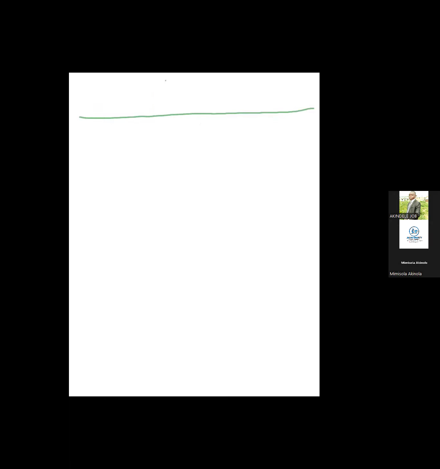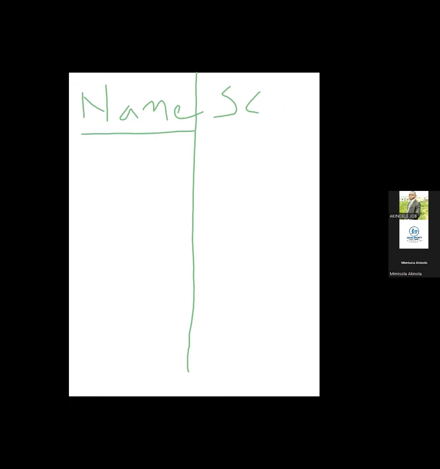Here we have the names, or name of the student, and then here we have the scores of the students.